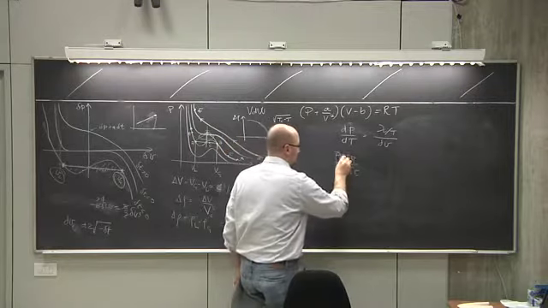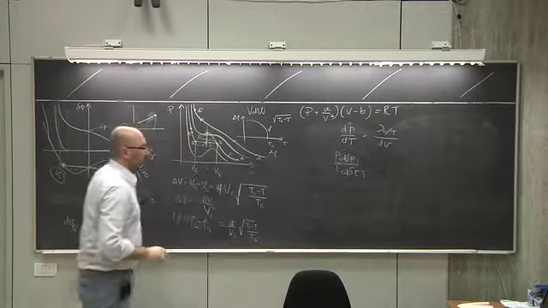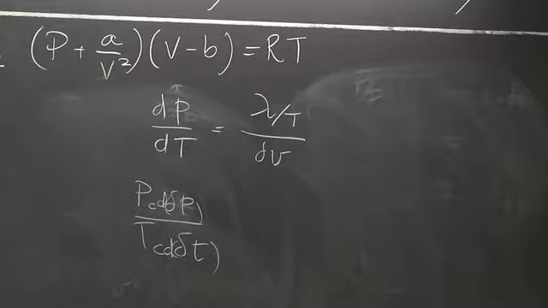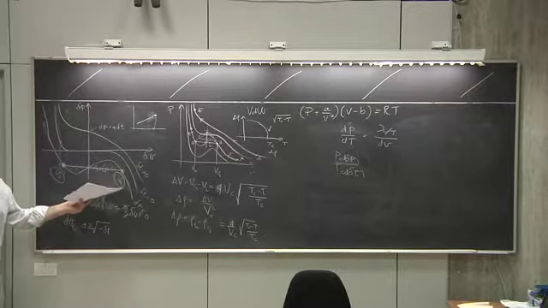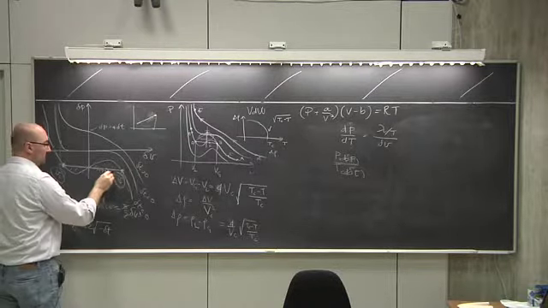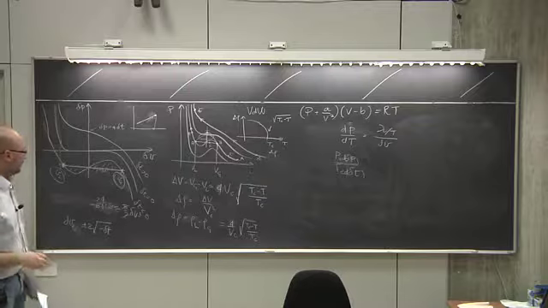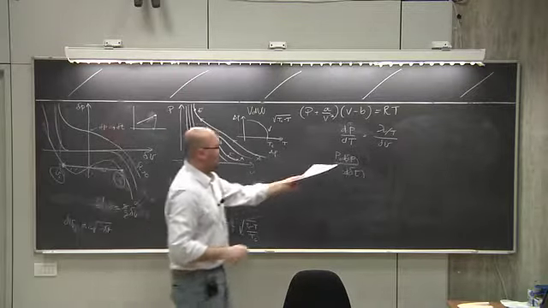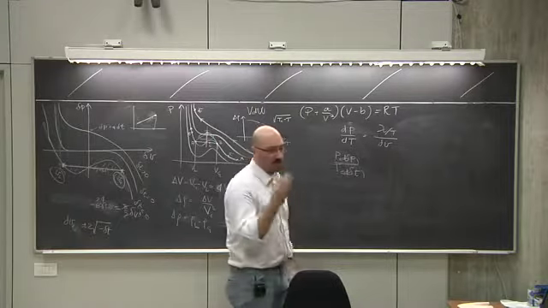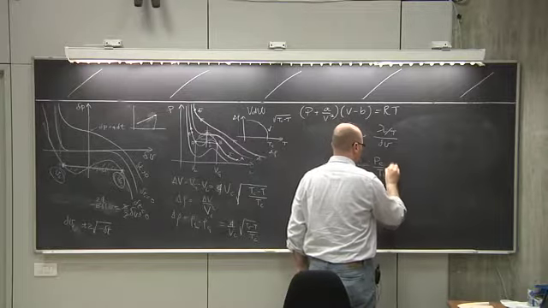But delta P is equal to 4 delta T for T less than Tc. Okay, we saw it here. You reach delta P equal to 4 delta T because of the Maxwell construction, then P stays constant. So d delta P by d delta T is equal to 4. So this is equal to Pc divided by Tc times 4.